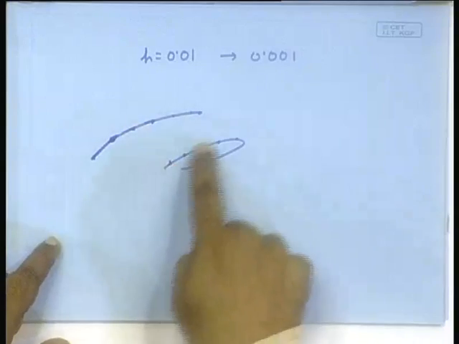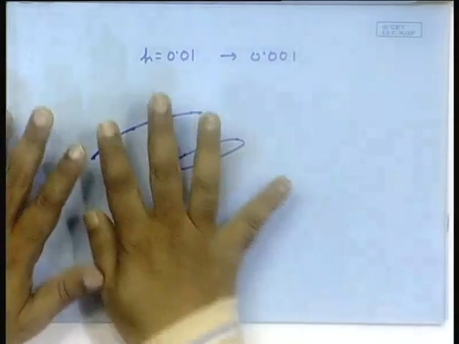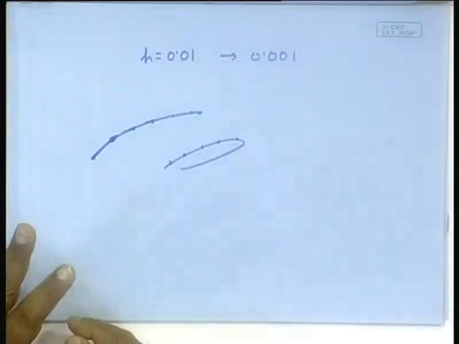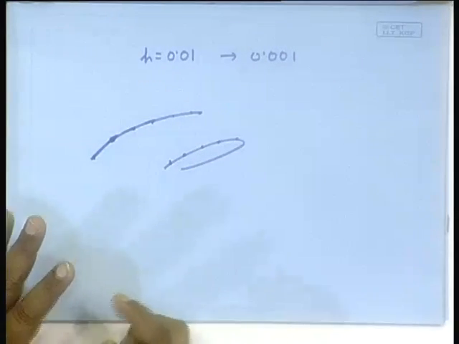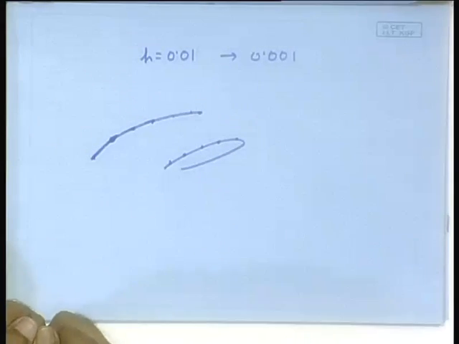If you try to capture the oscillations, the program will be horribly slow and you will not be able to proceed much. It may so happen that some system is more or less smoothly proceeding, so that you are happy, but at some point it takes a turn. While it is smoothly proceeding like this, you never know that it is going to encounter a turn. So, something has to be built into the program, so that you can find out that yes, I am encountering a problem, so I need to reduce my step size.